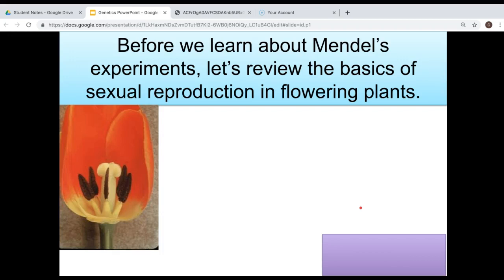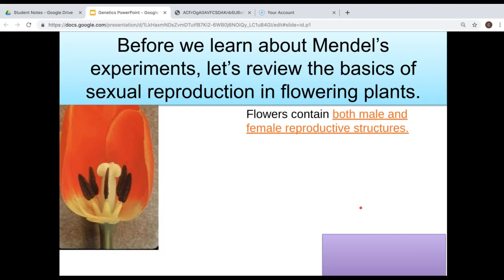So before we learn about Mendel's experiments, we do need to review the basic parts of a flowering plant. They contain both male and female reproductive structures.